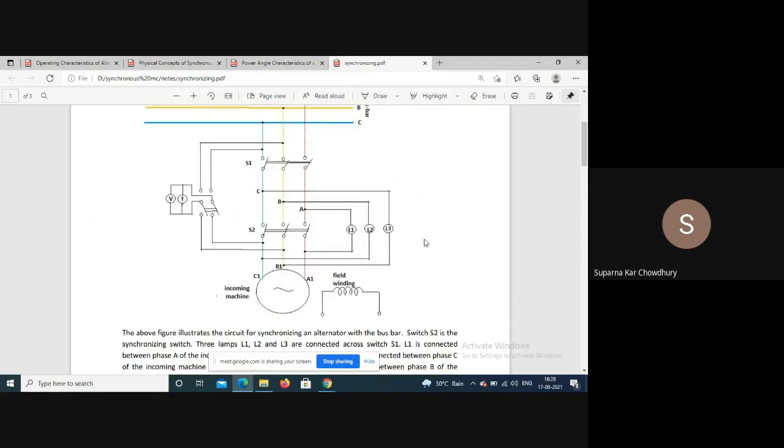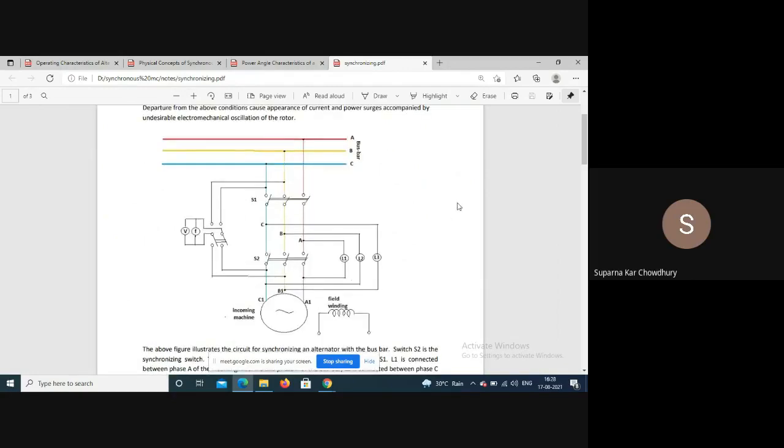So this is the figure. This is the bus bar, and this is the incoming machine. Here we have three lamps, and all the lamps are connected across this switch.